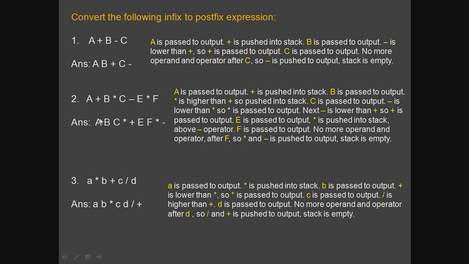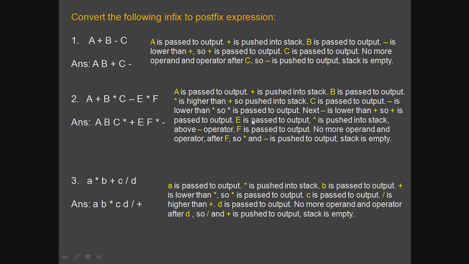So here we have abc star. Then minus is compared with plus, since plus is still inside the stack. Plus is higher than the minus symbol, so the plus operator is popped out and pushed to the output. So we have abc star plus. Then after that minus is entered into the stack, so inside the stack we have the minus symbol.